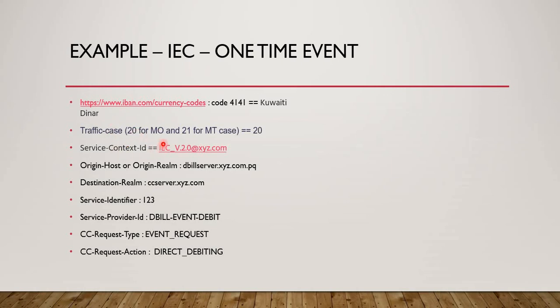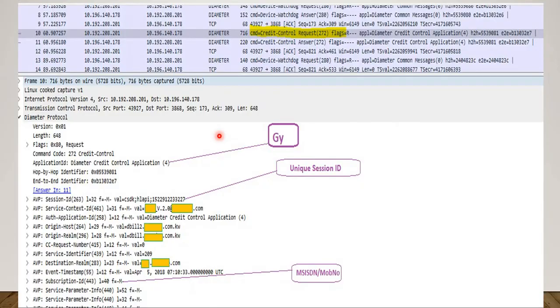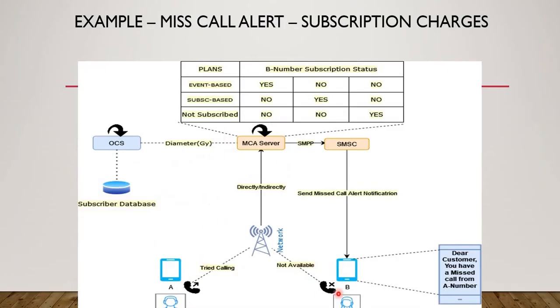You just have to focus that we want to charge for any kind of action. So for an action, I am charging something. And MT is the same thing I was explaining: once A tried to call B, this information from the network goes to MCA, and MCA wants to send a notification to the subscriber.